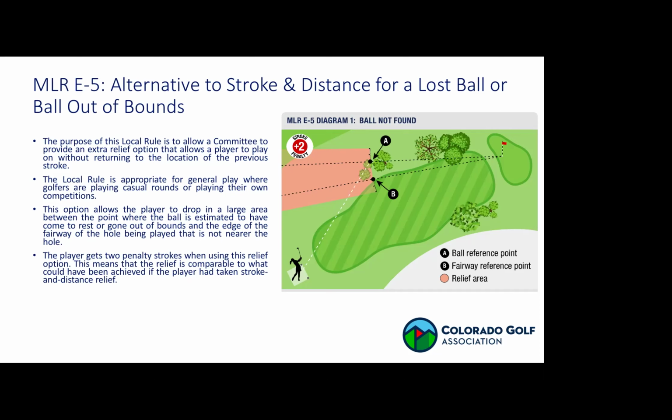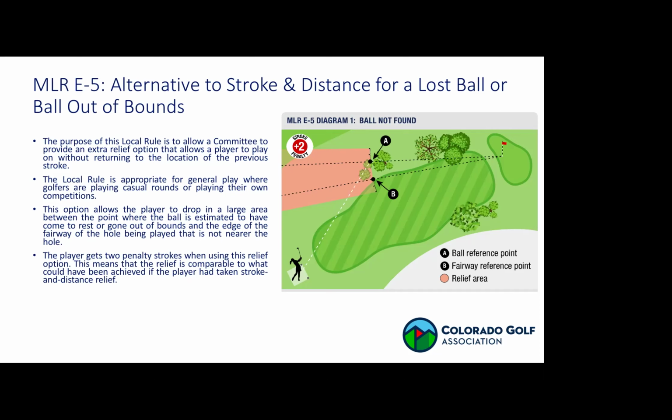So from there, they're getting 2 club lengths, and that goes to the same at the reference point A, where they have 2 club lengths to the left where they think that ball is. And they can drop a ball anywhere within that sort of tram line going backwards. And of course, they give you 2 club lengths there on the fairway. So with these extra penalty strokes, it gets you onto the fairway.